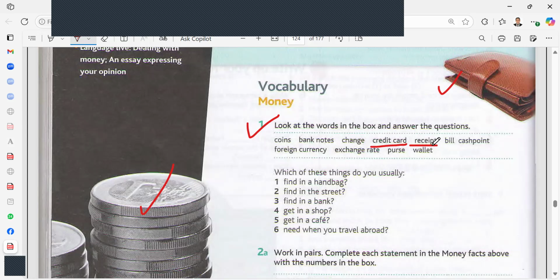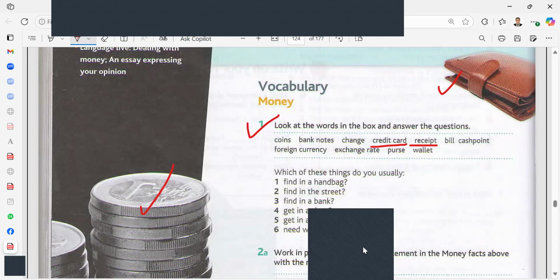Okay, receipt. Receipt. Give me the receipt. Receipt means the invoice or the bill. If you go shopping for any stuff you should keep your receipt for a refund or a change of anything. Okay, bill.